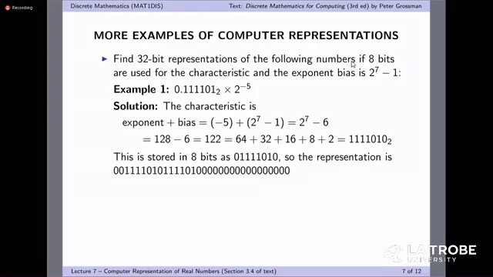In this entire process, there is only one step I have to do: find the characteristic in binary. Nothing else. If you can do this, there will be one question in test 1 about this, so you should be confident that you can do that.